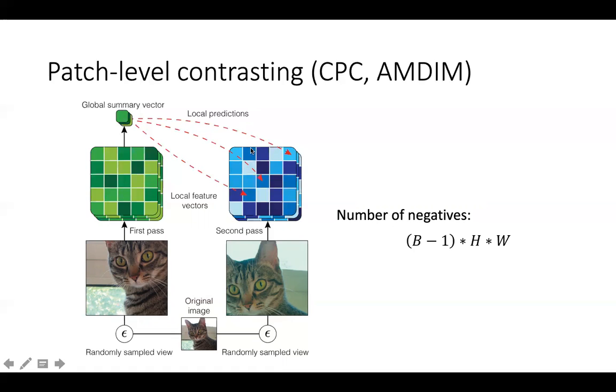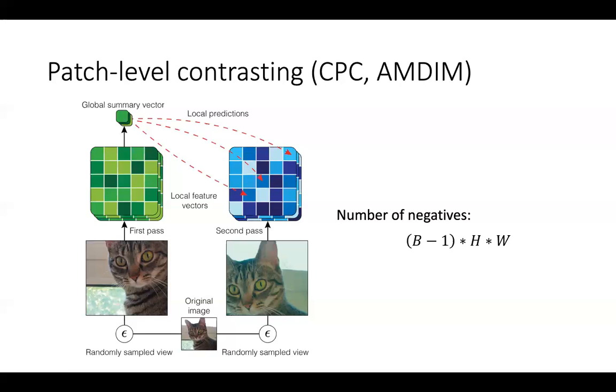So for example, if the feature map size is H and W, then you use the feature pair from the same image as a positive pair, while you use feature pairs from different images as negatives. Then you can see you can easily build (B minus 1) multiplied by H multiplied by W negatives with a small batch size B. So it's pretty neat. But one caveat about this approach is you have H multiplied by W negatives per image.